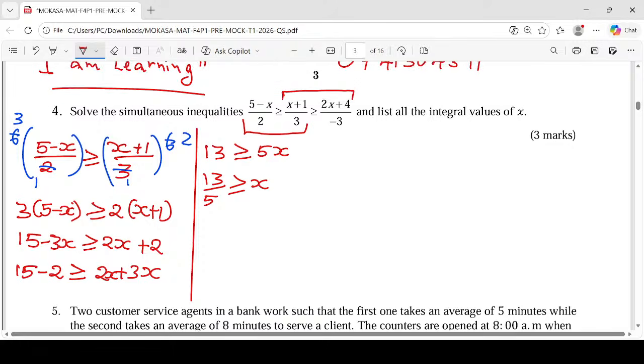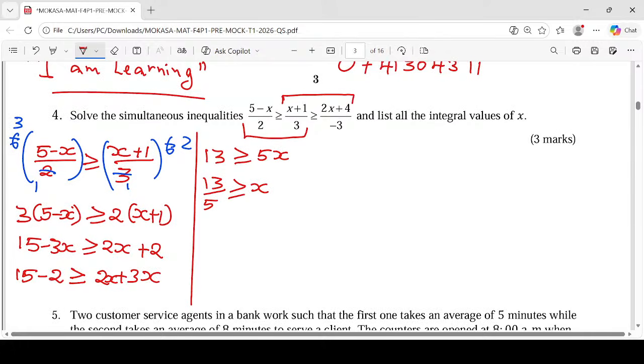Let's now solve the other part of the inequality, whereby we've been given (x plus 1)/3 is less than or equal to (2x plus 4)/(negative 3). Let's multiply through by the LCM, which in this case is negative 3.